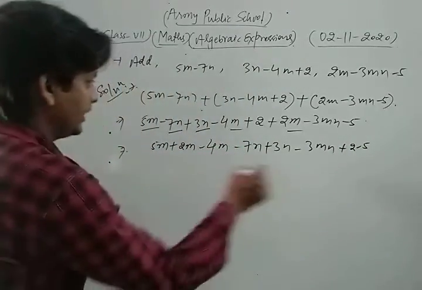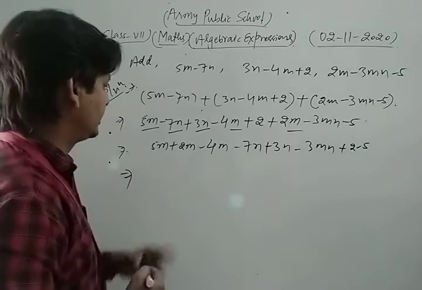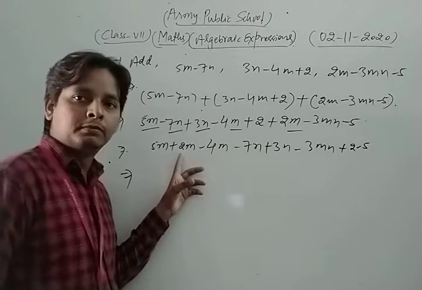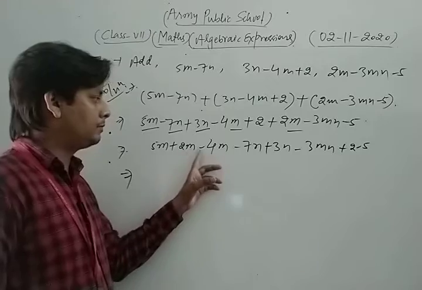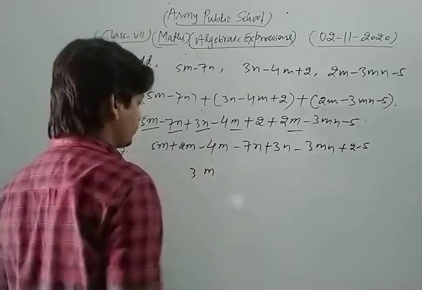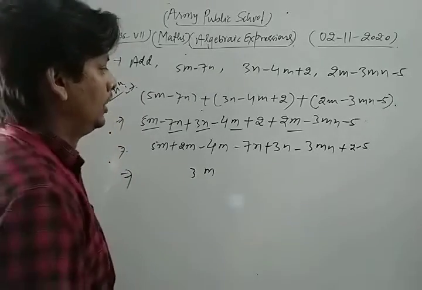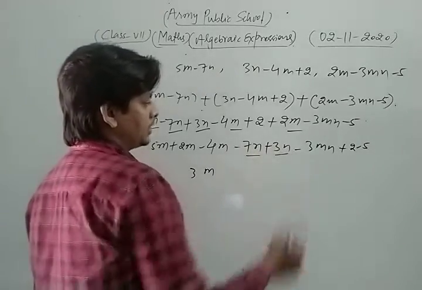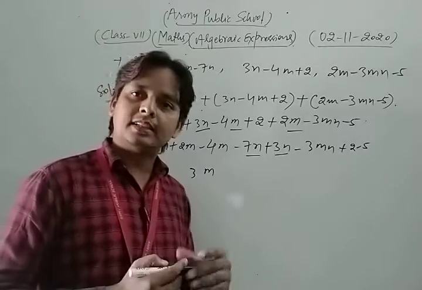Now we simplify them. Look, 5m plus 2m is 7m, minus 4m is 3m. So here we write 3m. Now this is minus 7n and this is plus 3n, so these are like terms.